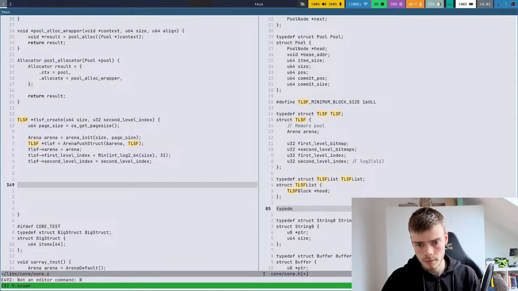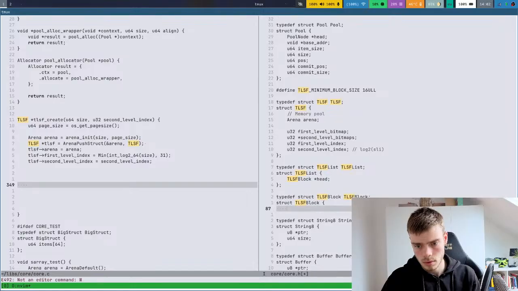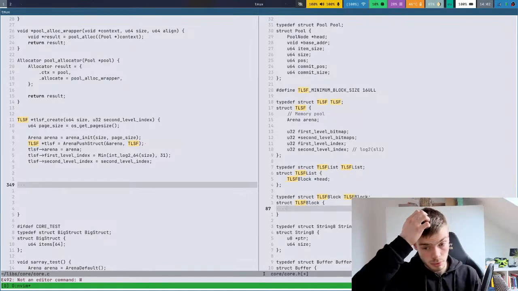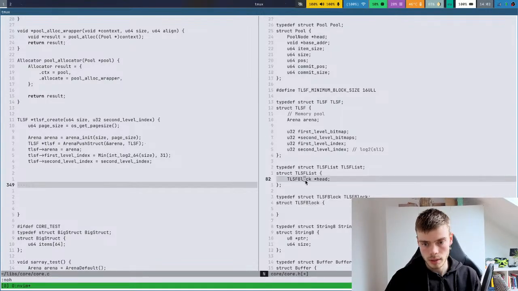Typedef struct TLSF block. TLSF has a block, right?